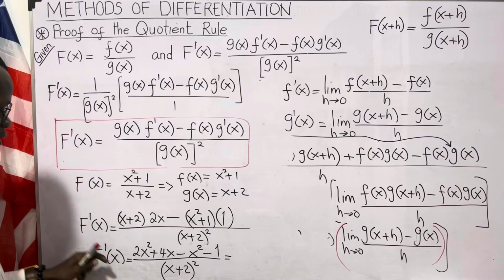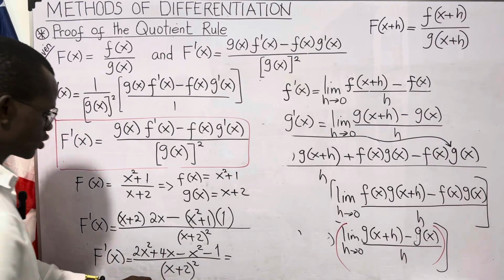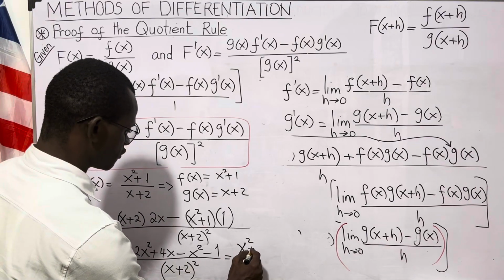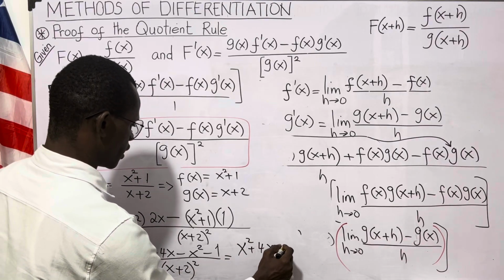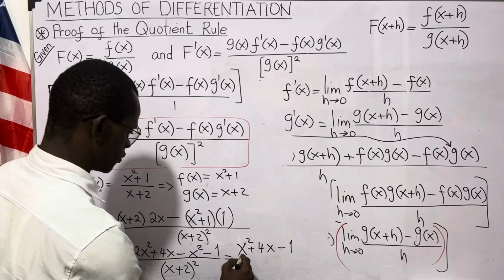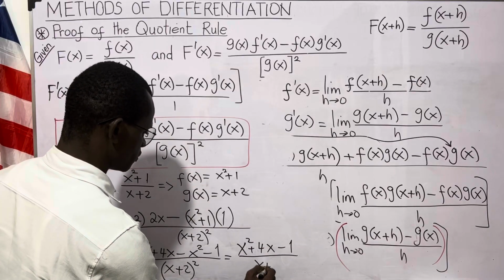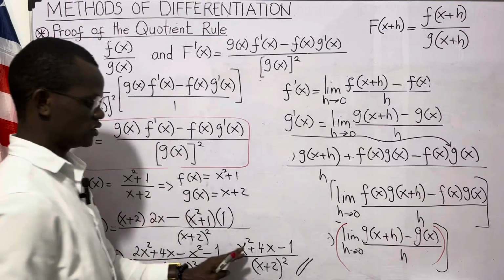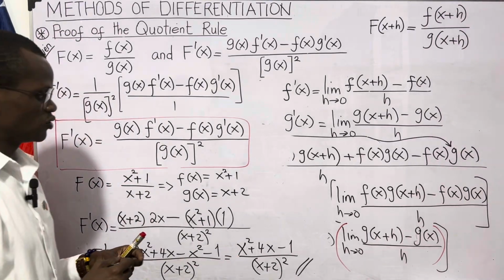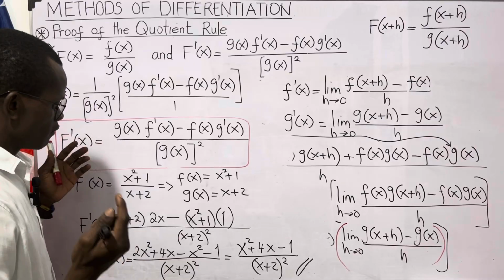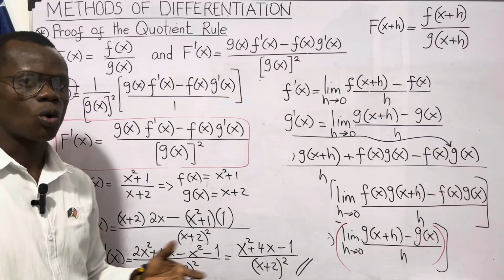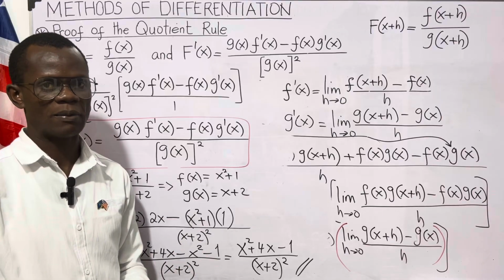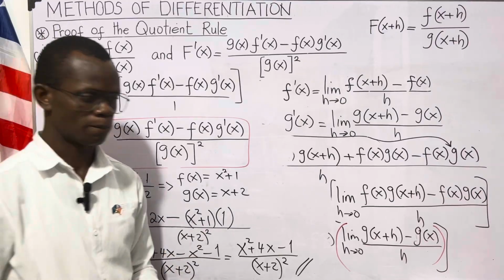So what would this give us? 2x squared minus x squared is just x squared, and then we have plus 4x, and then minus 1, divided by x plus 2 raised to the second power. So this is actually our answer. So this is how we solve problems involving the quotient rule. In next videos, we're going to solve numerous other problems involving the quotient rule.